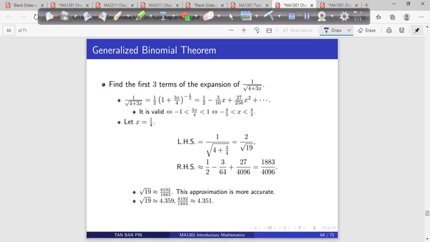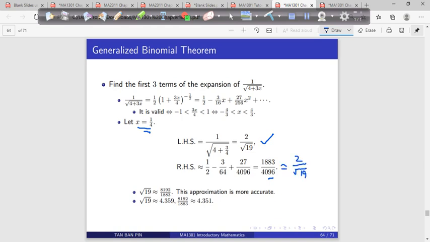Okay, let's do another one. This time you sub x as 1/4. And you'll find that if you sub x as 1/4, the left hand side will give you 2 over square root 19. The right hand side will give you this number, 1883 over 4096. So this is about 2 over square root 19.